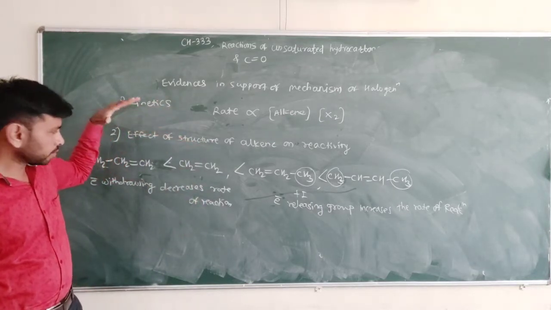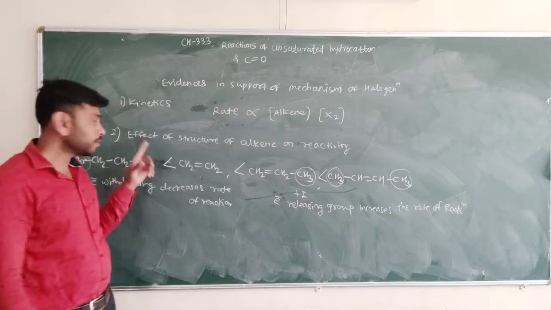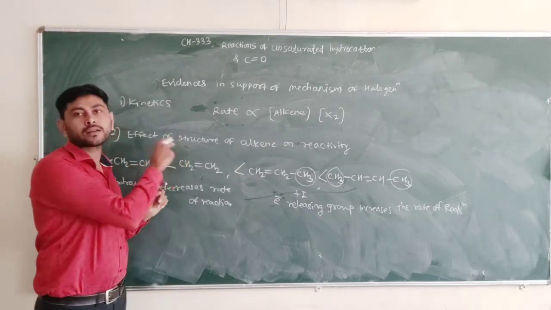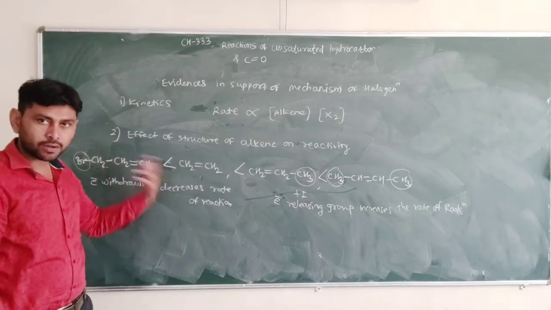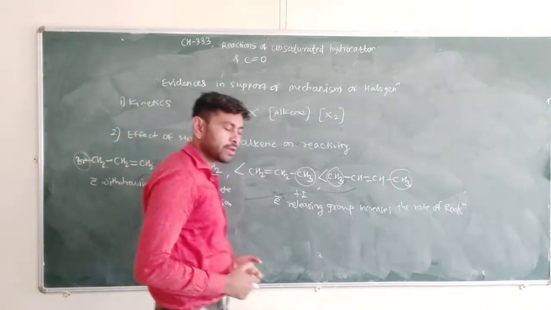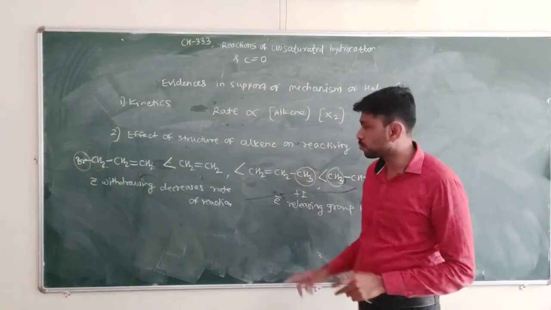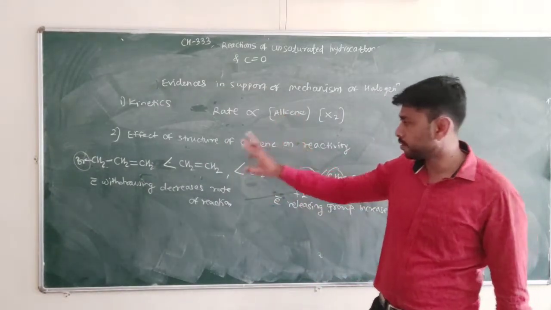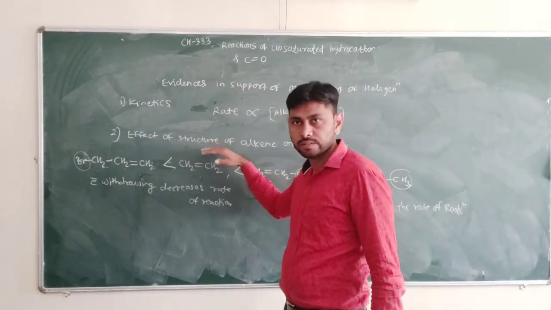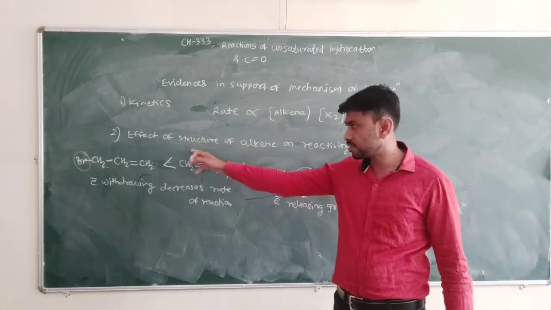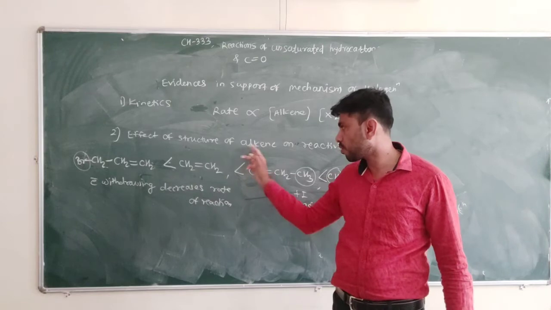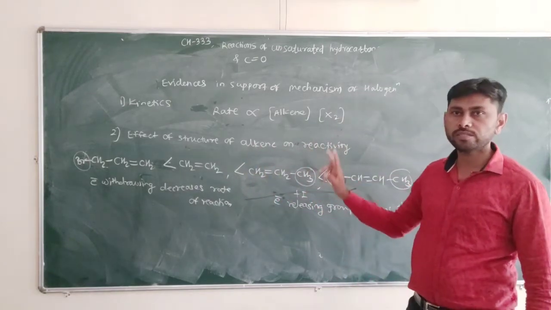So the rate of reaction also depends on the structure of alkene, whether it has an electron releasing group or an electron withdrawing group. According to this, the reactivity of alkenes changes in addition reaction.